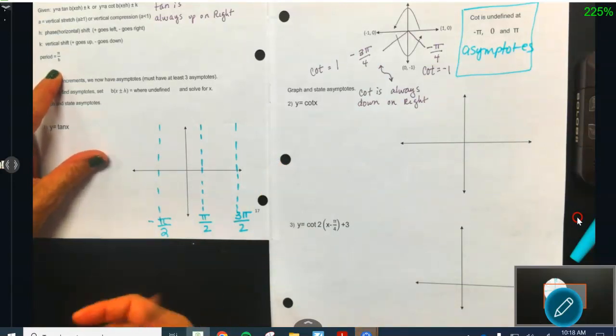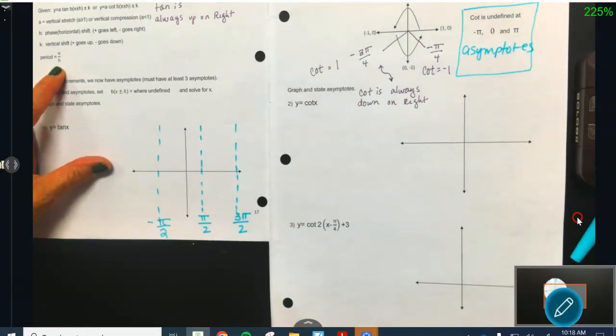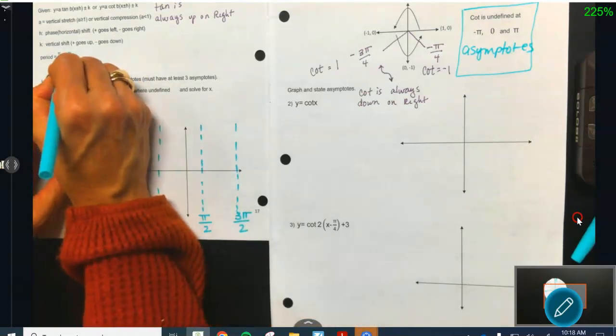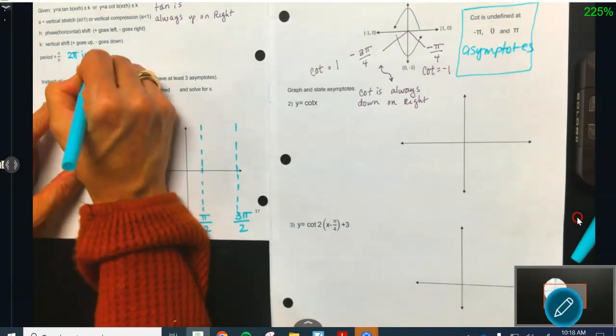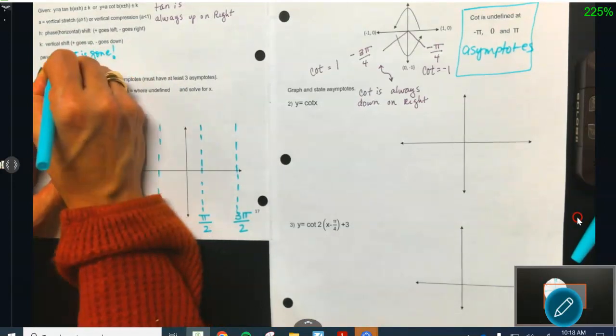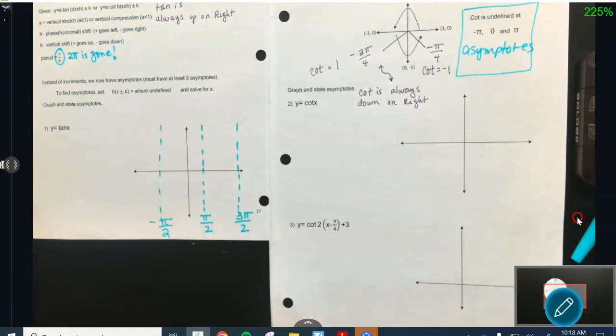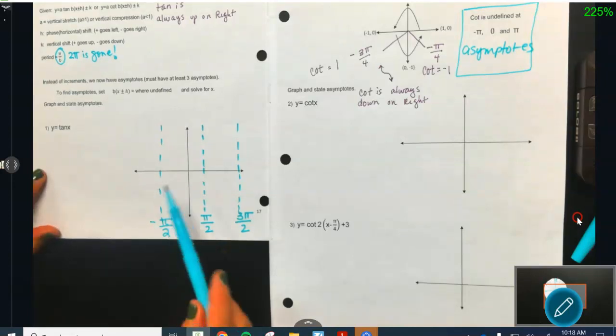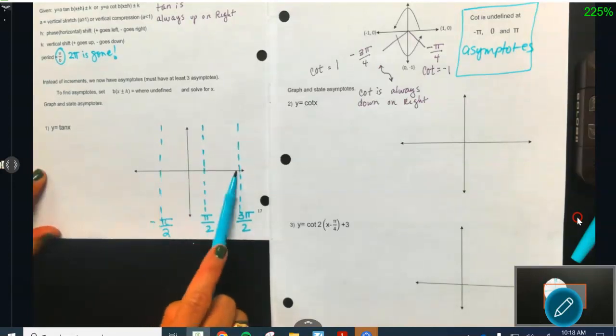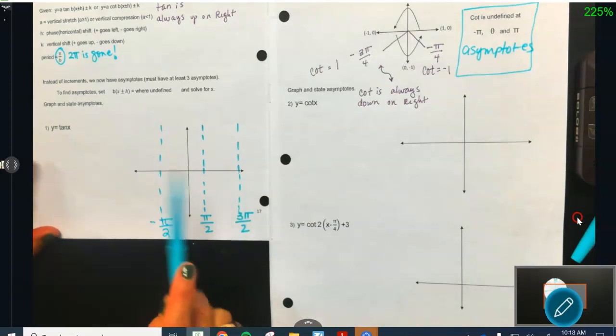We don't take 2 pi and divide it by the reciprocal of b because we can't go all the way around the circle. 2 pi is gone. It's regular pi. I can't go all the way around the circle. All right, so these are pi lengths apart because pi is the period.